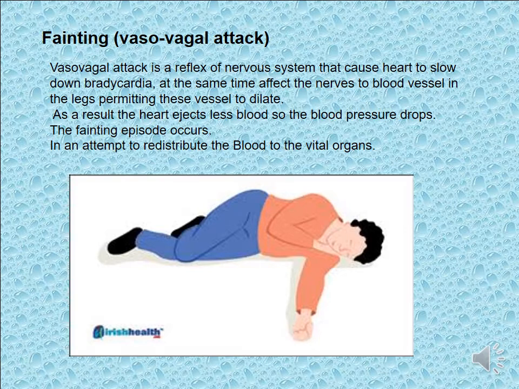A vasovagal attack is a reflex of the nervous system that causes the heart to slow down, bradycardia, and at the same time affects the nerves to the blood vessels in the legs, permitting these vessels to dilate. As a result the heart ejects less blood, so the blood pressure drops and the fainting episode occurs, in an attempt to redistribute the blood to vital organs.